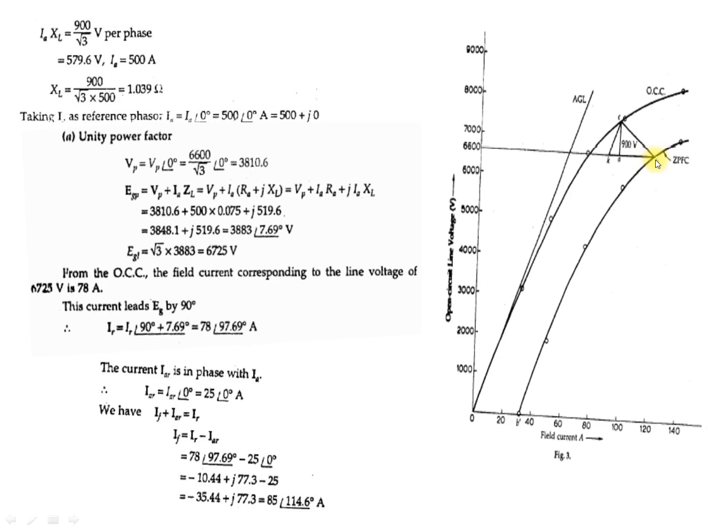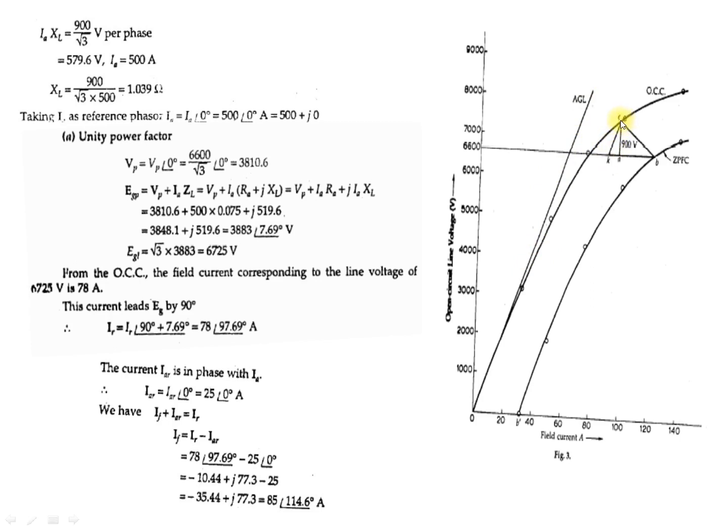So after getting this B point, take 32 amps length of line to be drawn to this particular K. So after drawing this K, just join this K and this point by drawing a parallel line over this air gap line.